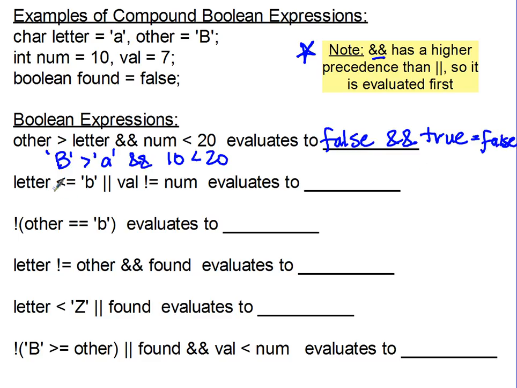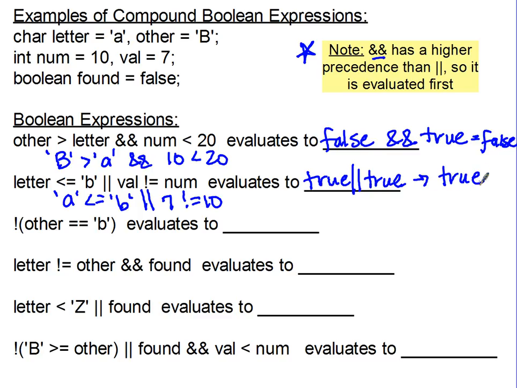My next one: letter is less than or equal to B, or val is not equal to num. So that's going to be true or true, and my final result there would be true. And here's an example with just a NOT inside of it.